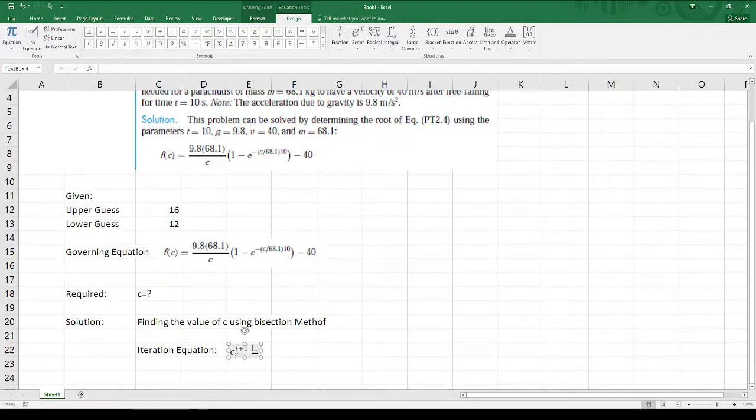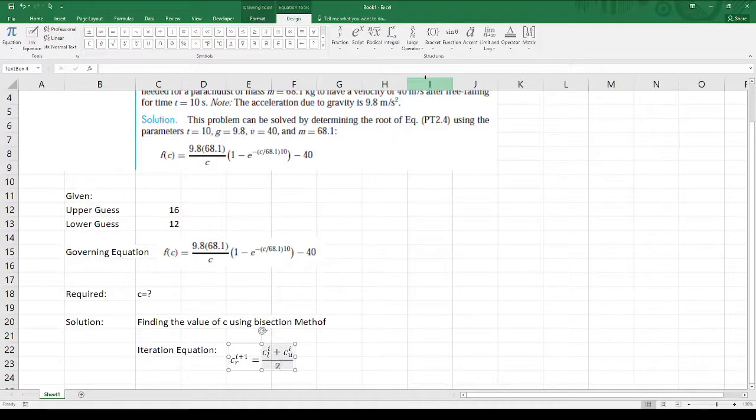Since the bisection method is just taking the average, starting with the lower guess, that should be C, L, and I, plus C, U, and I.